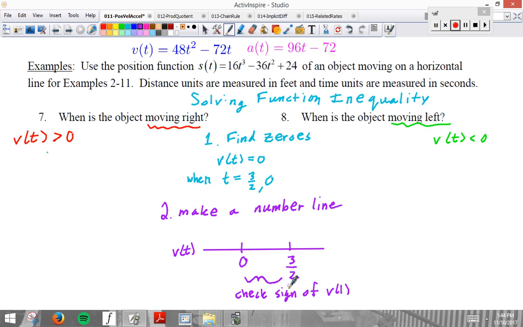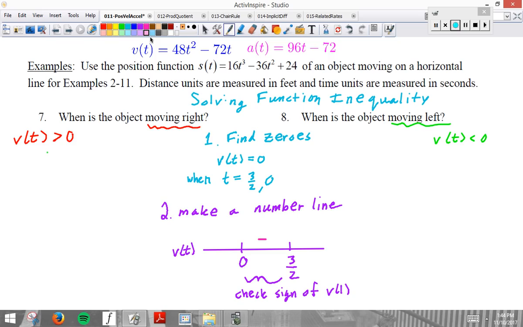That's what we're doing. We're going to check the sign of velocity when t equals 1. You can do this any number of ways. One way would be to look at this function, where you would say, oh, it's 48 minus 72. 48 minus 72 is some negative number. In fact, we know it's negative 24. We actually did that in part 1.